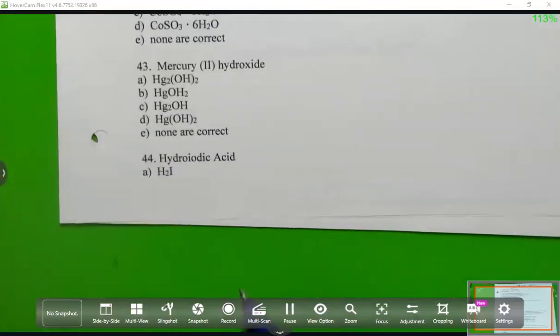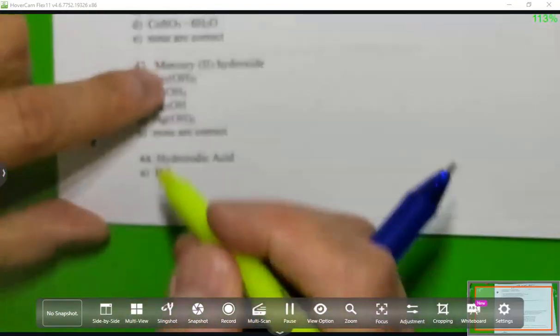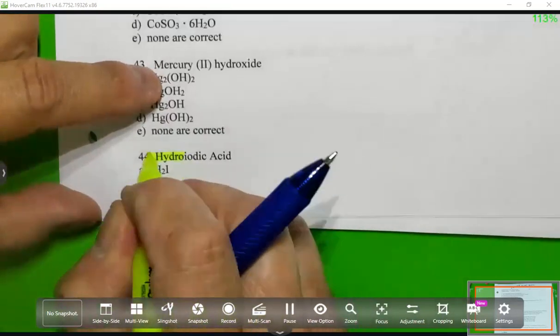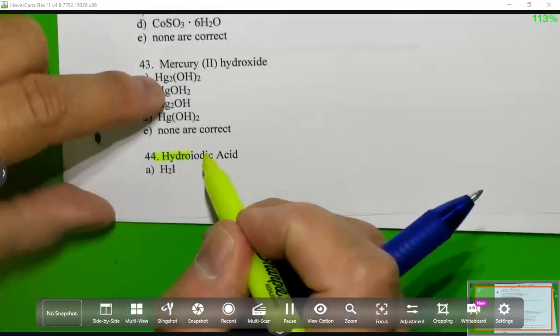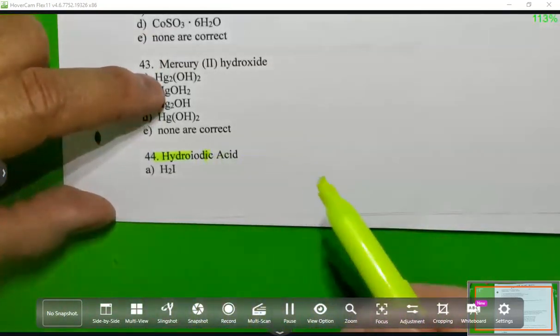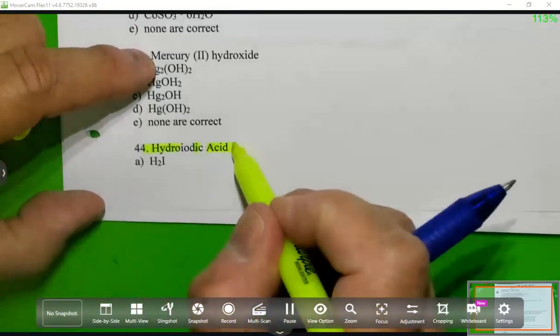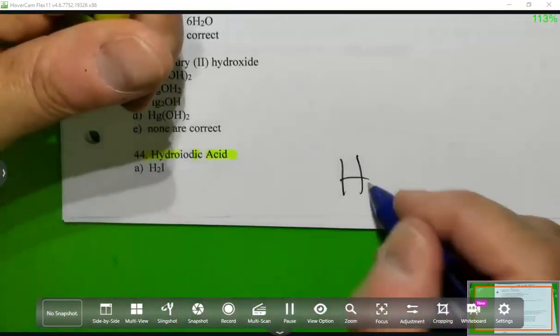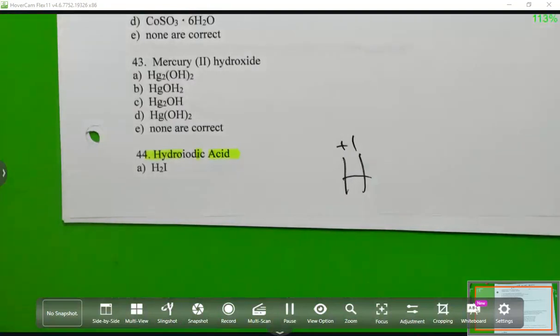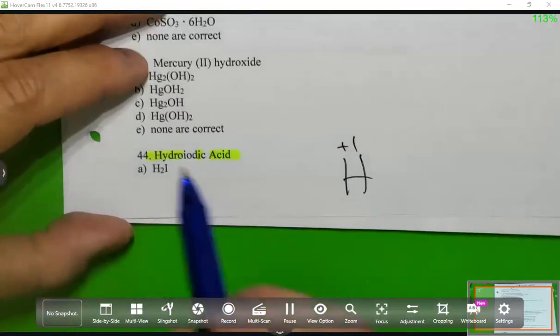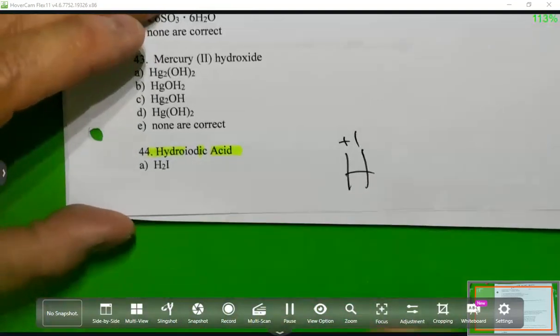44, hydroiodic acid. If it starts with hydro, ends in ic, it cannot have any oxygen. The word acid means you have H+1. Hydroiodic acid.